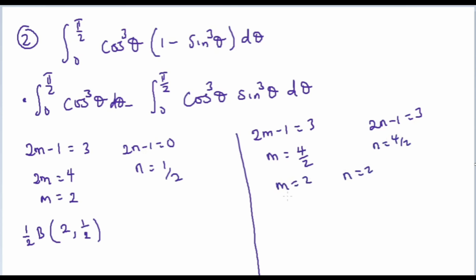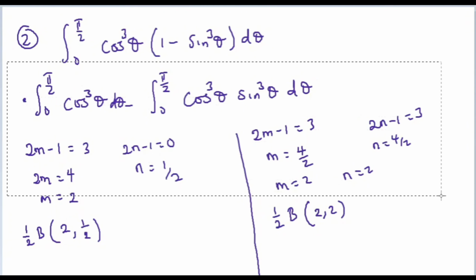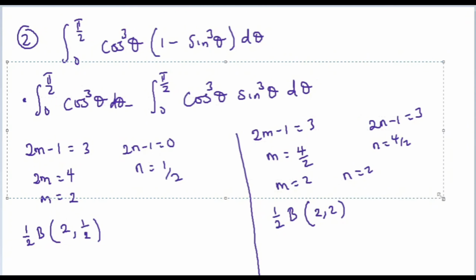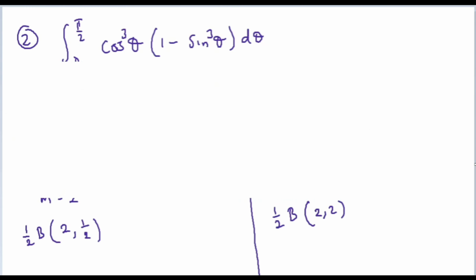Right. So it means 1 over 2 beta of 2 comma 2. Very simple. So let's just solve that with our function of gamma to get our final answer.